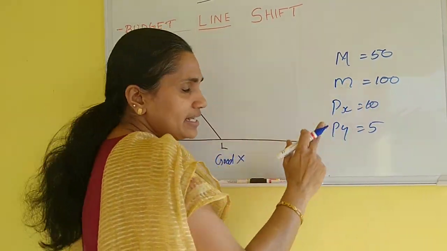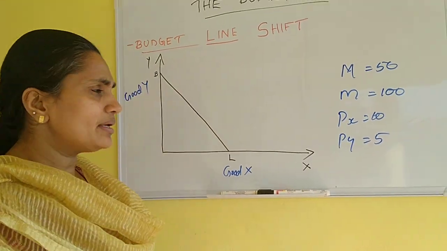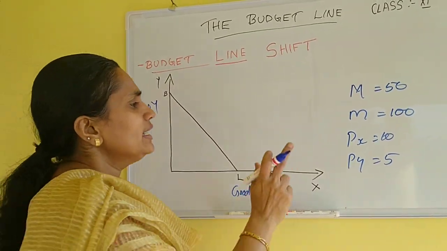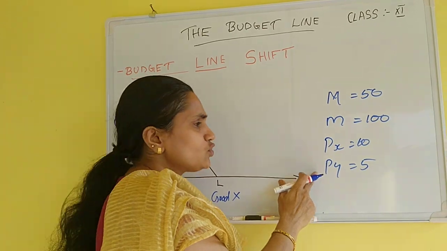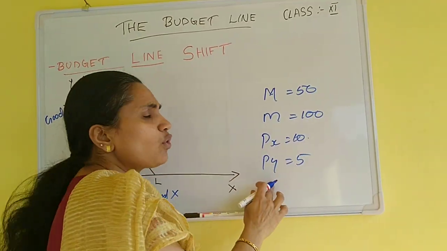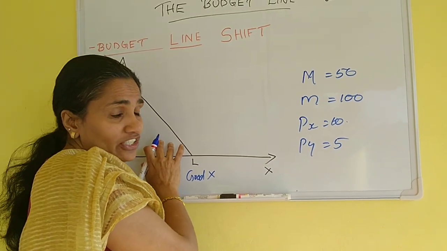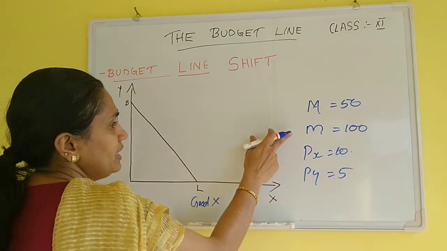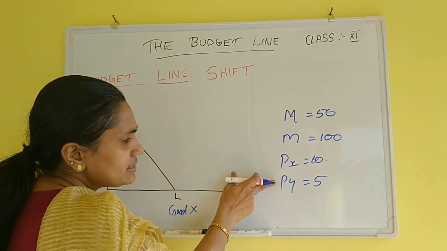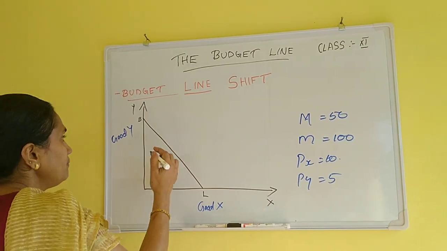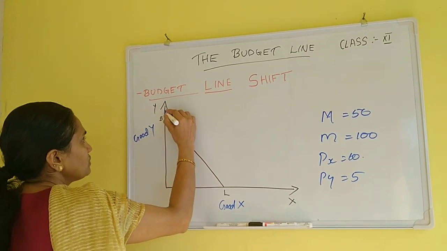Now when the income of the consumer increases, the consumer is able to consume more of X and more of Y than the previous combinations. So in that case, when the income increases and the prices of the two goods remain the same, the budget line will shift upwards.